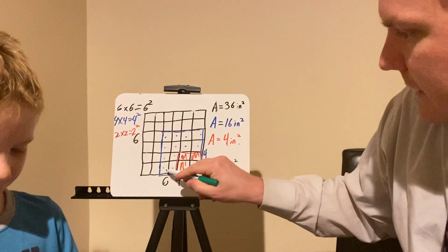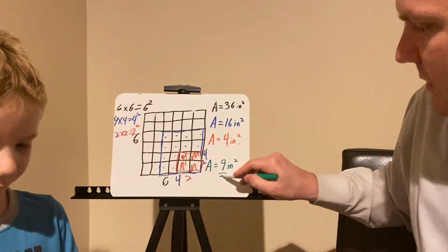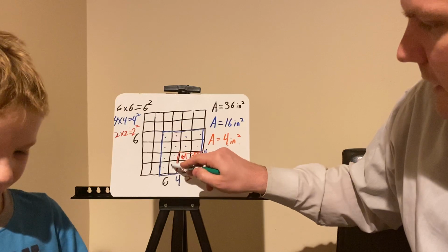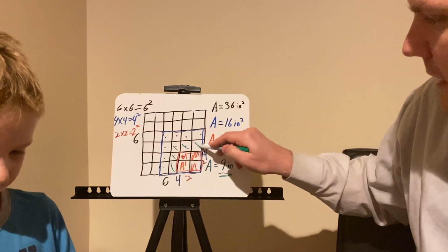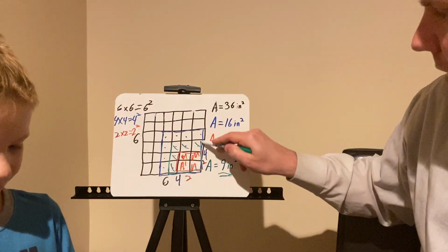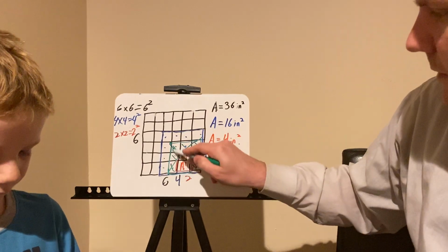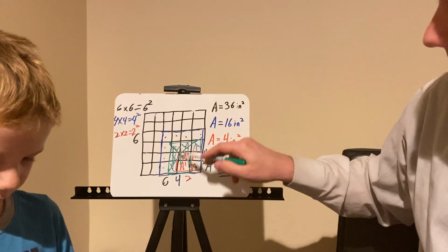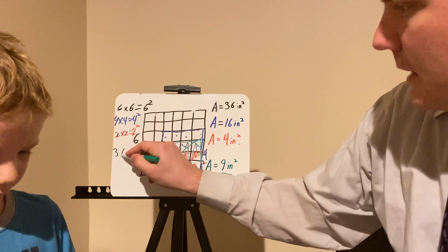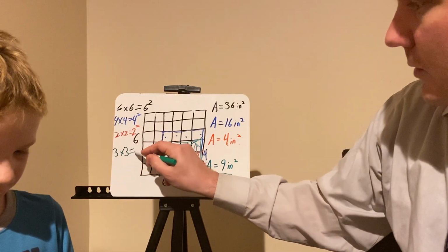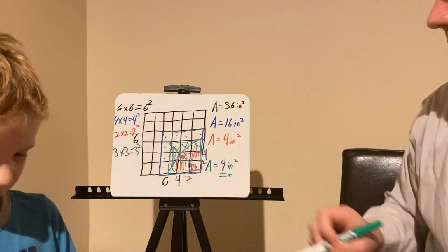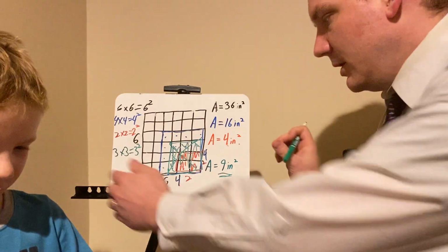Since we're going to come back to that in a minute, that's 9 square units. And remember, that one was 3 by 3. So this whole square area, 3 by 3, is 9. So 3 times 3 equals 3 squared, which equals 9 inches. And that's how you square numbers.